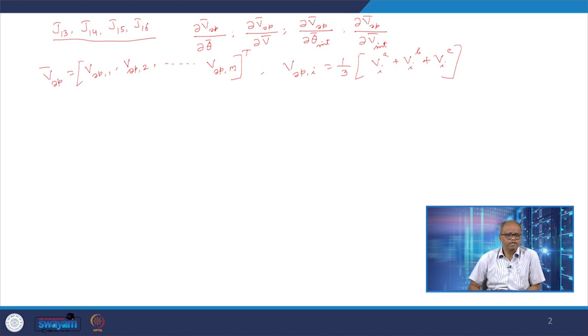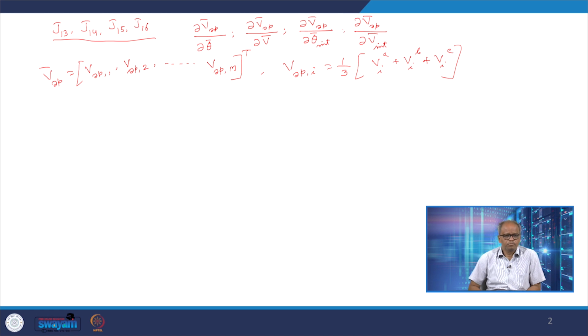Now, as we have said, in the case of an unbalanced network, the voltage magnitudes at the terminal of any particular generator are not going to be equal for all the phases, and because every generator has only one field winding, it is not possible to control all three voltage magnitudes separately.